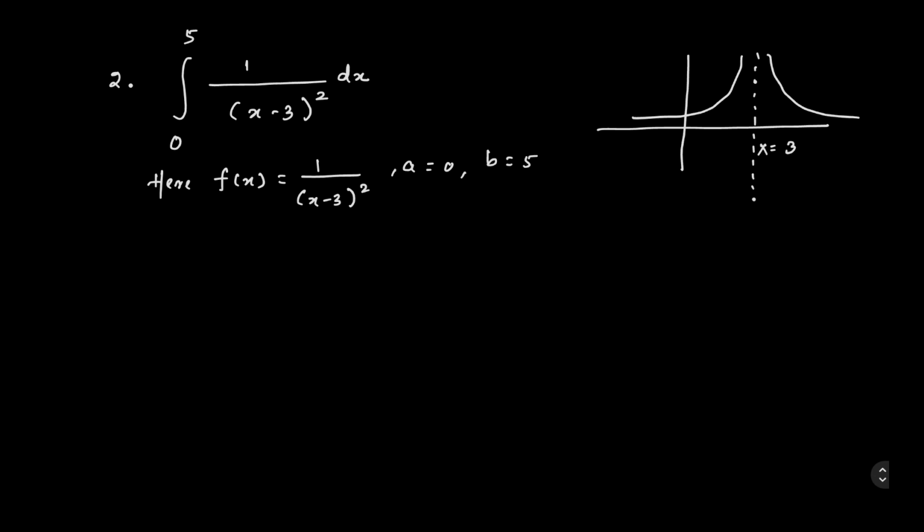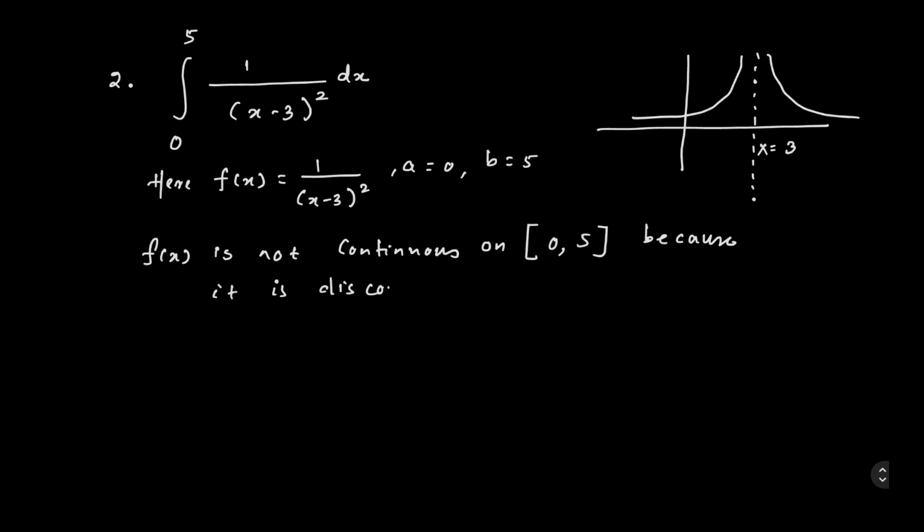Now you can see from the graph also that f of x is not continuous on the closed interval 0 to 5 because it is discontinuous at x equal to 3.